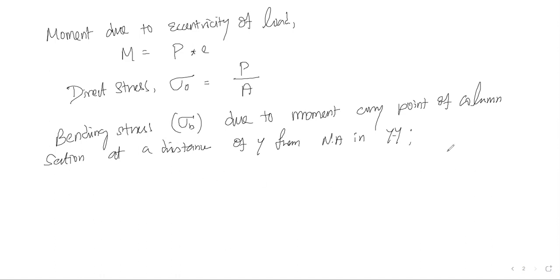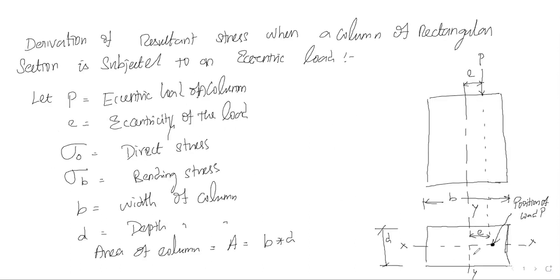Now we all know the formula M by I is equal to sigma B by Y. So from this, M by I is equal to sigma b by plus or minus y. Here we give plus or minus y because the y may lie on the right side of the portion or the left side of the portion.